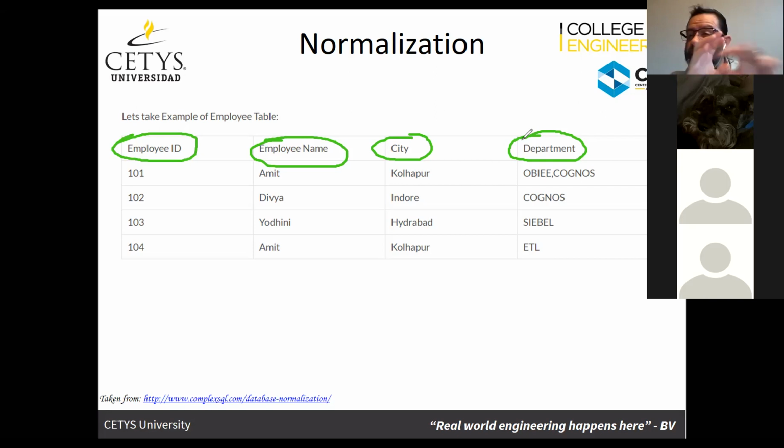Why? Because, at least from what we're seeing here, it should uniquely identify each of the employees. There's a problem with how this table is structured that can generate anomalies.